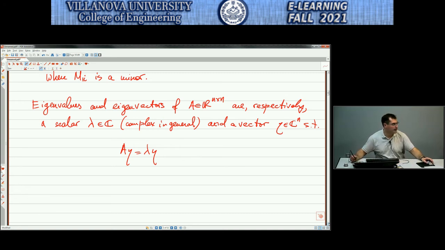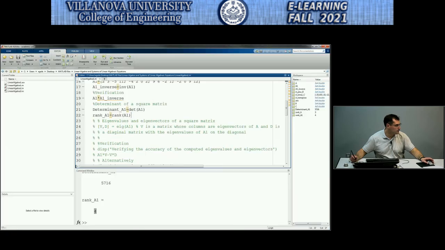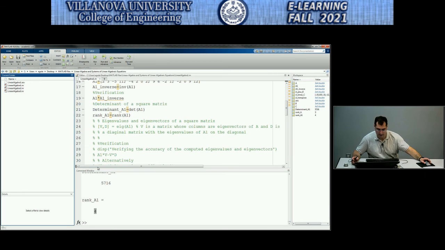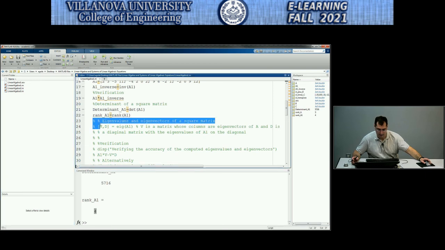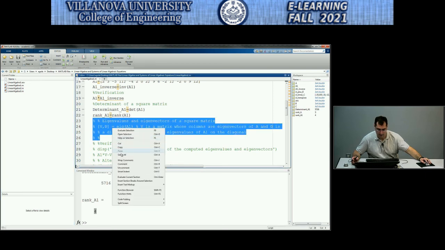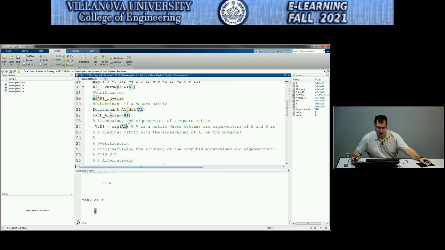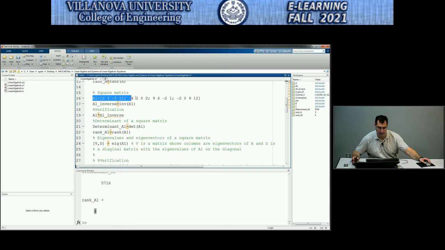So in MATLAB, there is a command called EIG that handles the calculation of the eigenvalues and eigenvectors. You define the matrix A1, which I did earlier, right here.